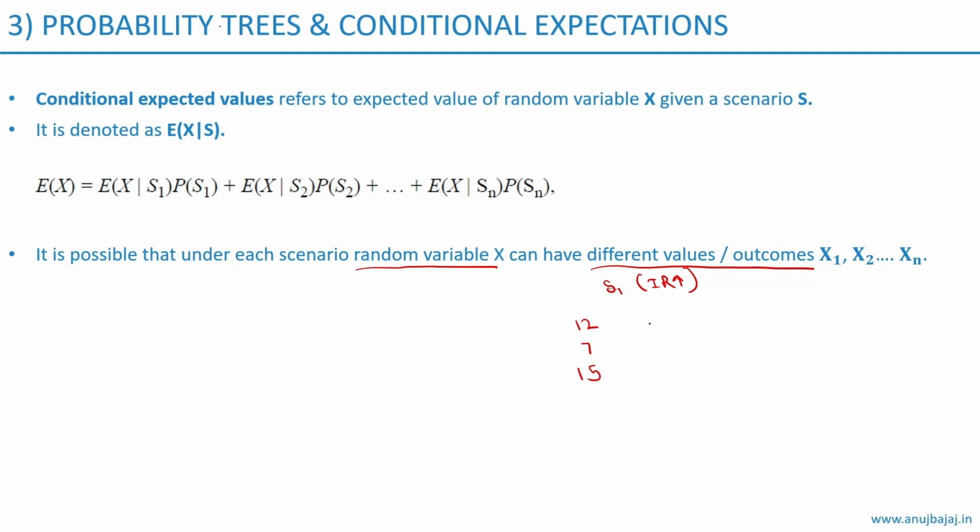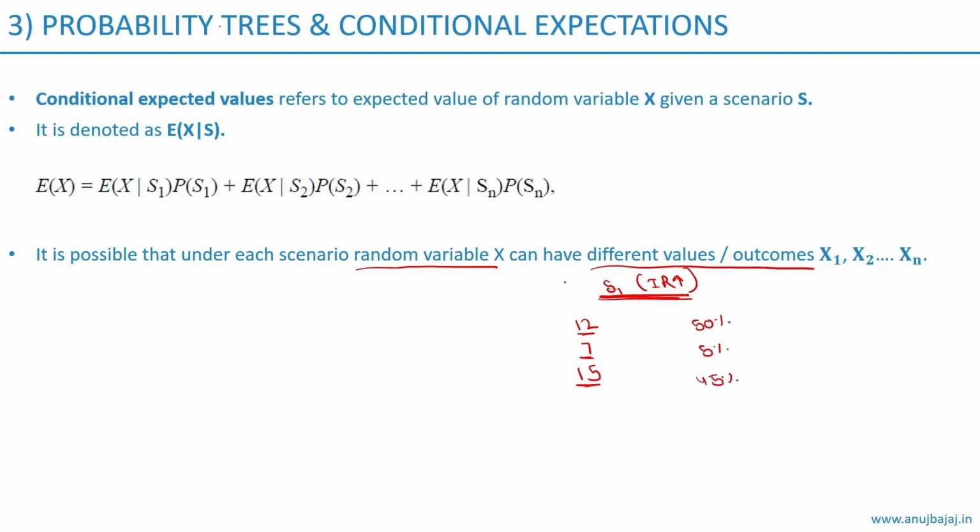Say the probability of earnings per share being 12, given that scenario 1 has occurred, is 50%. The probability of it being $7 is 5%. And the probability of it being $15, given the interest rate has increased, is 45%.